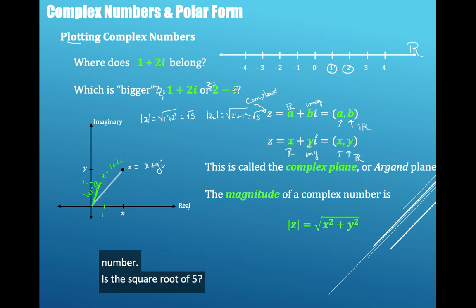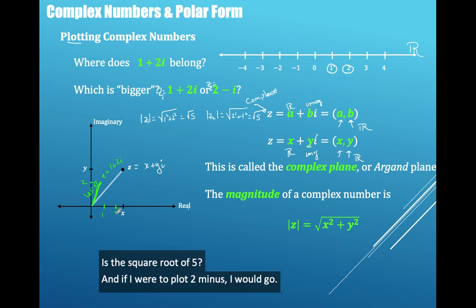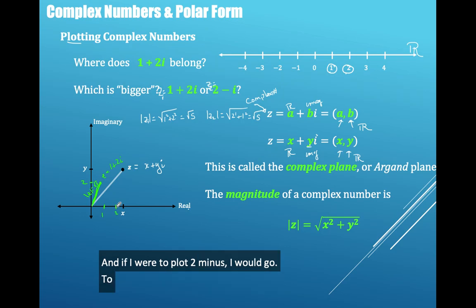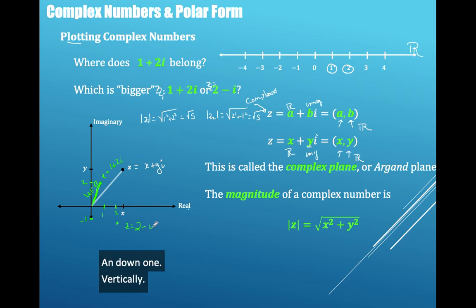And if I were to plot 2 minus i, I would go to 2 on the real axis and down 1 vertically, and the magnitude, I didn't do very well with my scale there, but the magnitude is also the square root of 5.